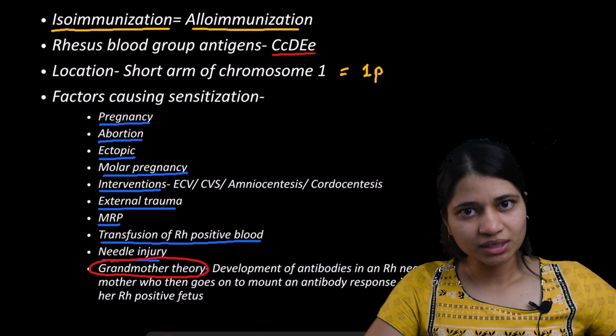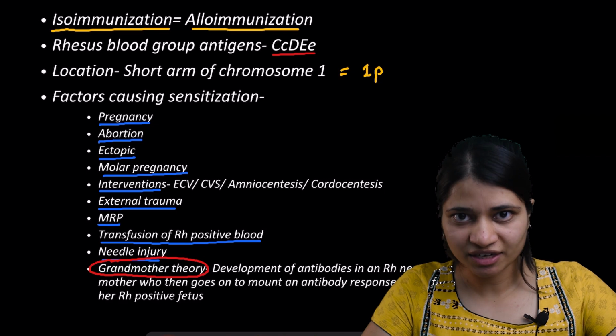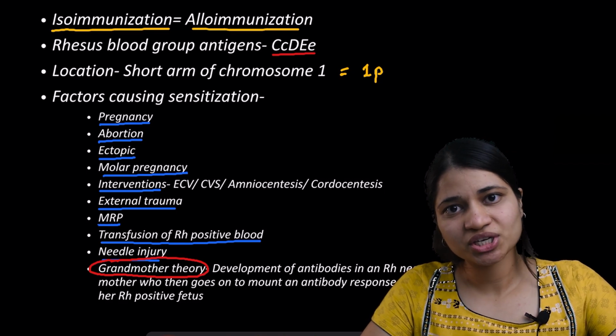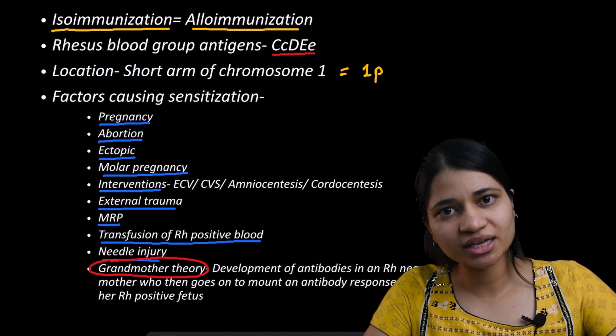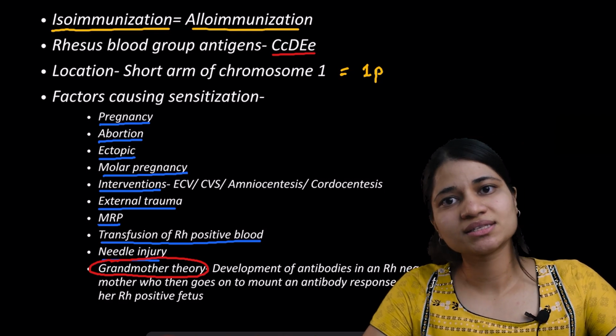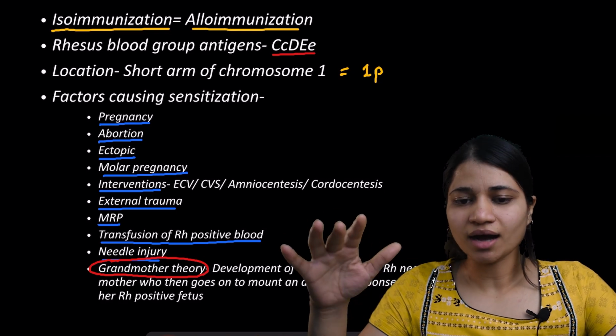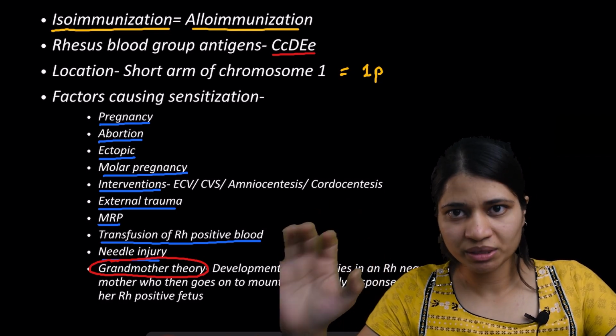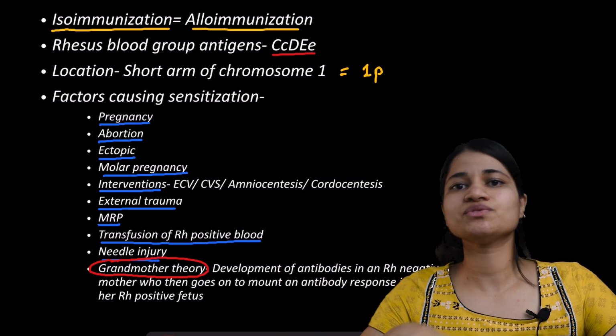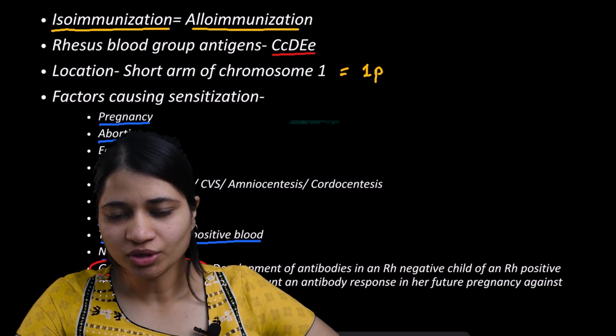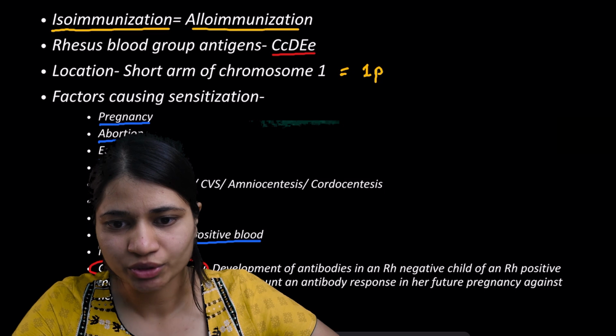Now when this baby becomes a mother herself, the antibodies existing in her cause immunization against her baby. So the concept is that the isoimmunization in the baby occurs because of the antibodies which were produced by the grandmother. So let's repeat what is grandmother theory.